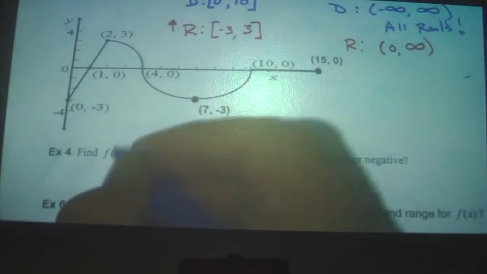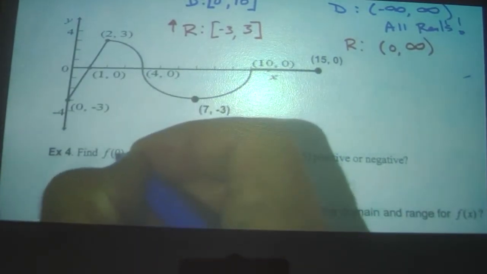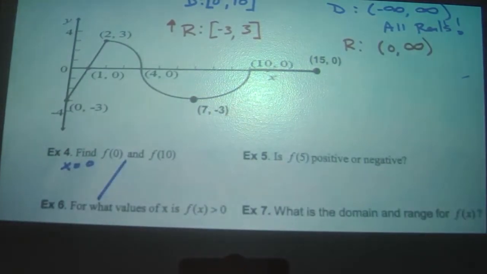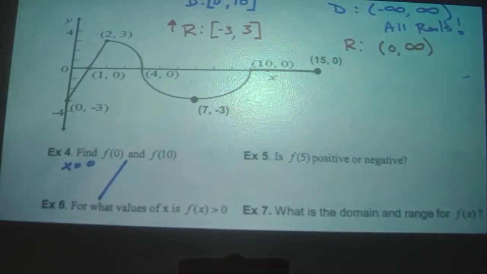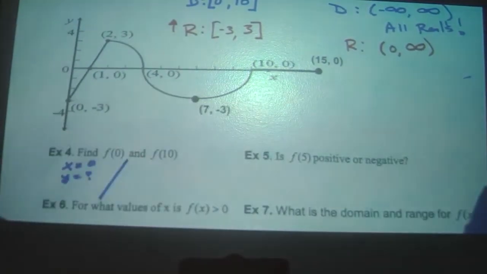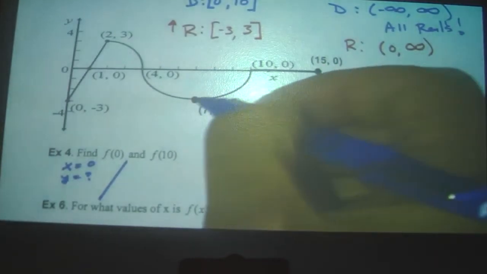So when they say, hey, what's f of 0? Normally it's x there. So they're saying, hey, x is 0. And what they're wanting you to do is find out what the y value is. So it's like a treasure hunt. You got to find where x is 0. So I'm looking on this thing. Where is 0 for x?